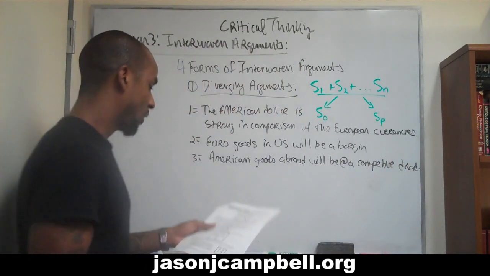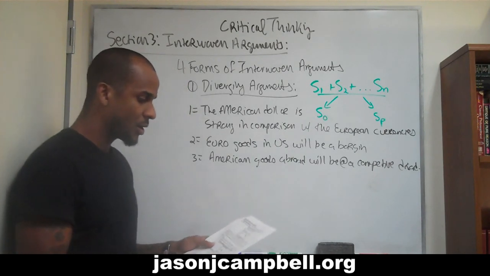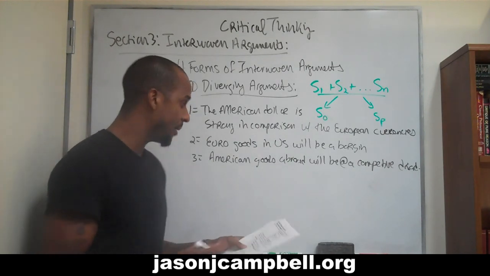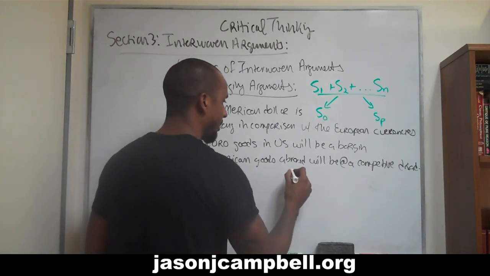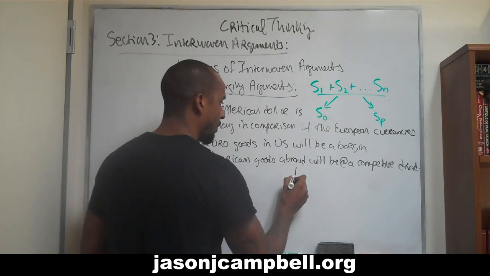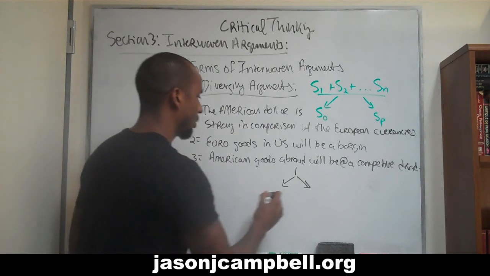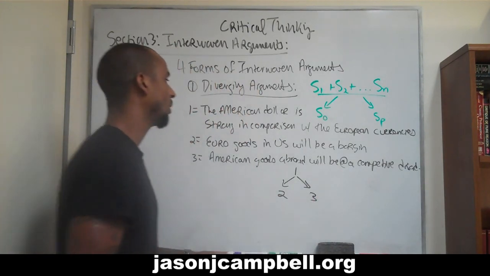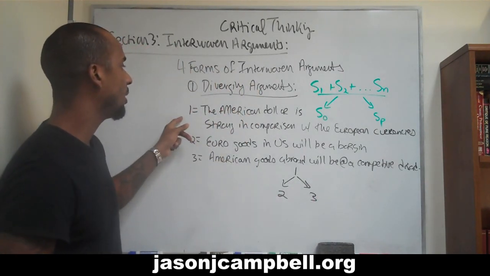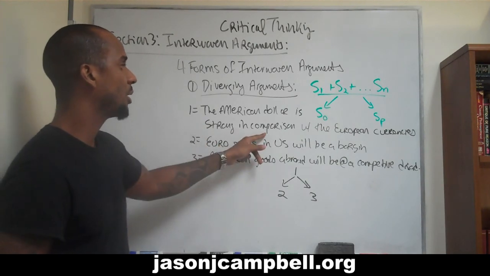So representing this divergent argument in diagram form is pretty simple. Here's the premise, and we're arriving at two different conclusions, both 2 and 3. One is that the American dollar is strong compared with European currencies.